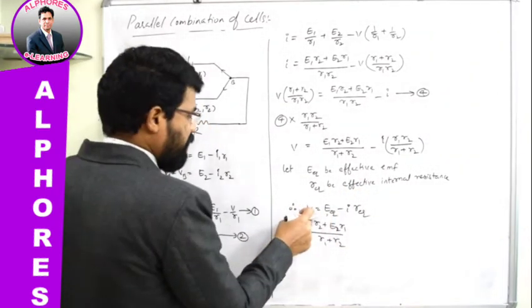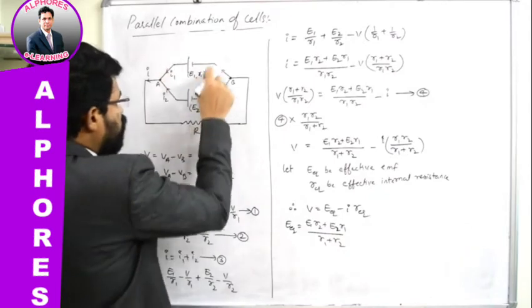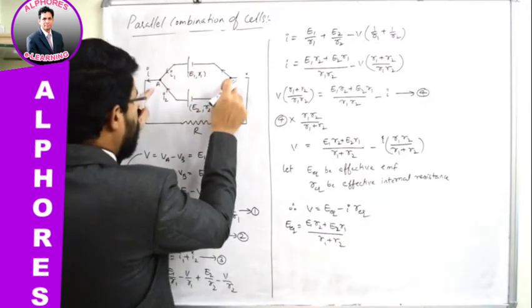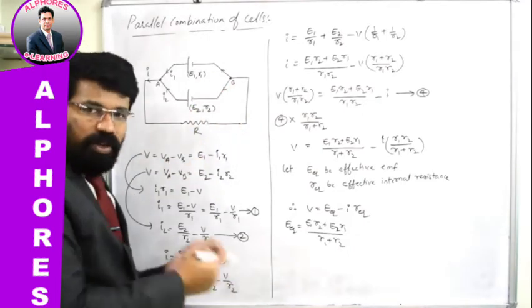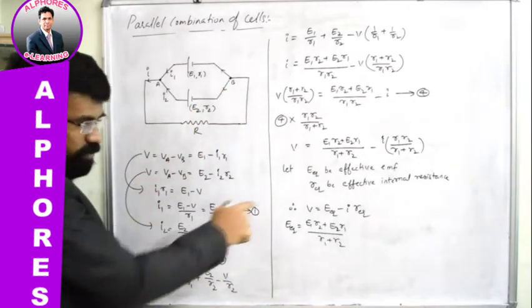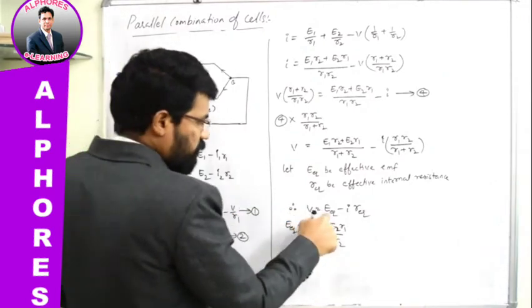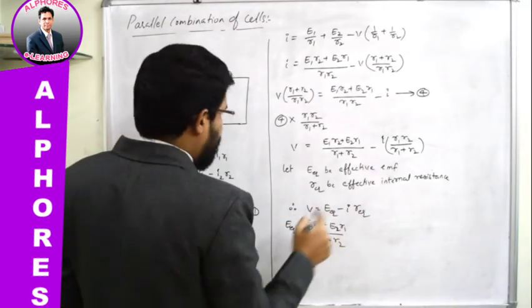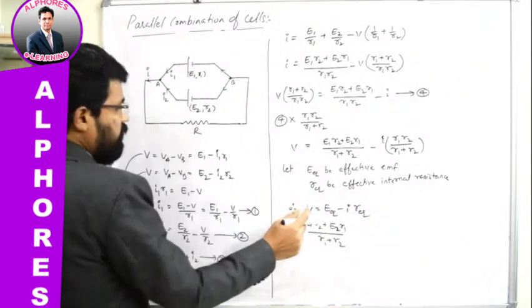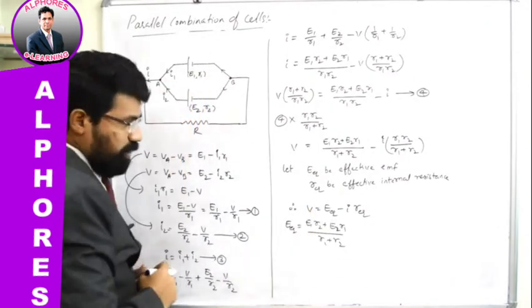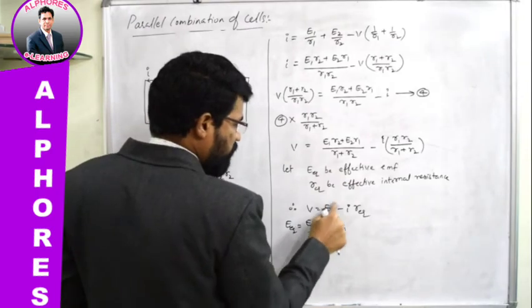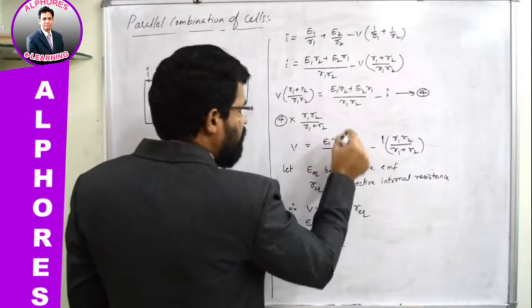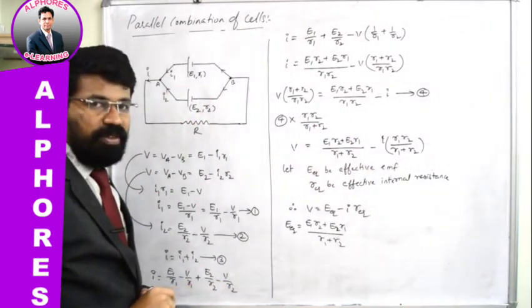Considering the two branches connected to these two common points, the potential difference between these 2 points is again V only. So this V is equal to E equivalent minus I R equivalent. It means in this case I have considered both the cells together. If I compare this equation with this equation, in place of E equivalent, whatever term is there is nothing but the equivalent EMF of the circuit.